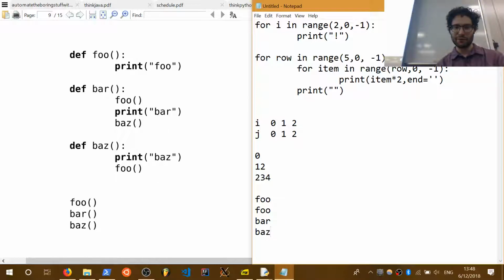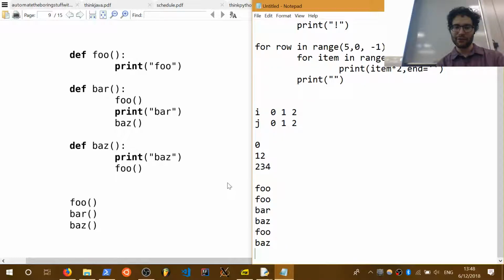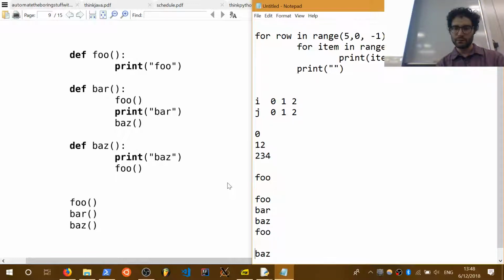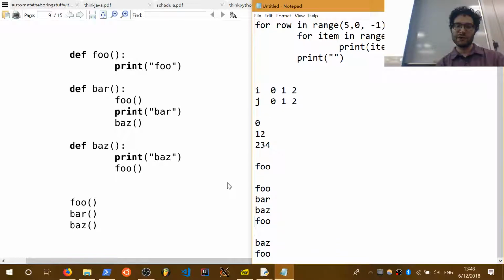Bos prints bos and then foo again. So let's split it up into 3 steps. Foo. The second step's the hardest, because what bar does is it calls foo, it prints out itself, it calls bos.